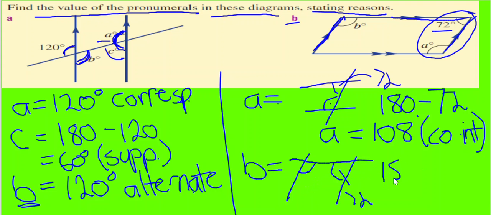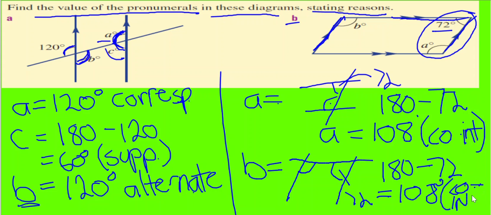Same thing, 180 minus the 72. So angle B is again going to equal 108 degrees as well, and that is also co-interior.